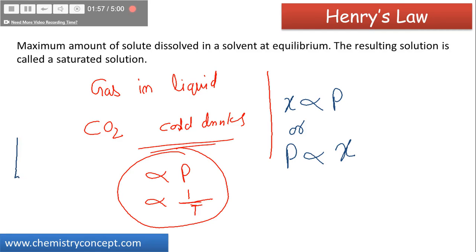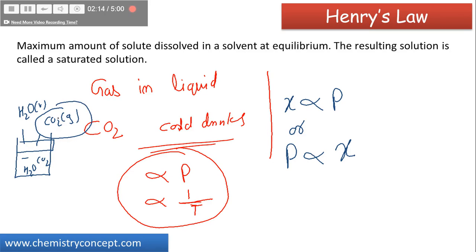That means if there is a liquid, in this I have water as well as carbon dioxide, then in vapor also there would be both things, H2O in the vapor form and carbon dioxide in the form of gas. Now the contribution of gas into the vapor, the partial pressure of carbon dioxide, will depend upon the amount of carbon dioxide dissolved in the water.